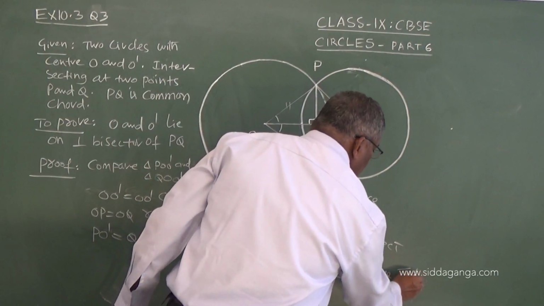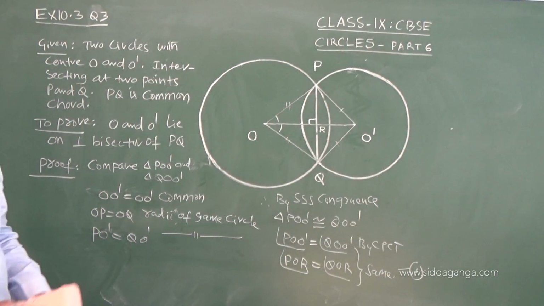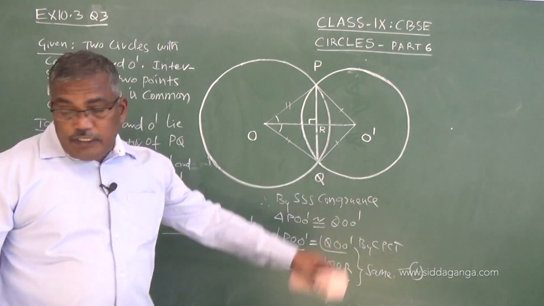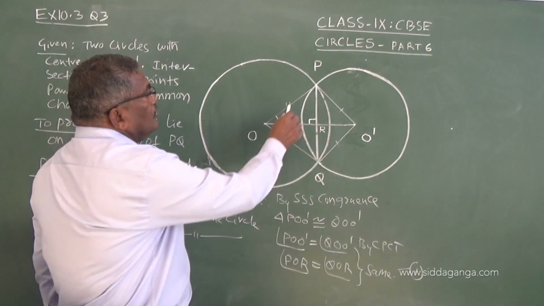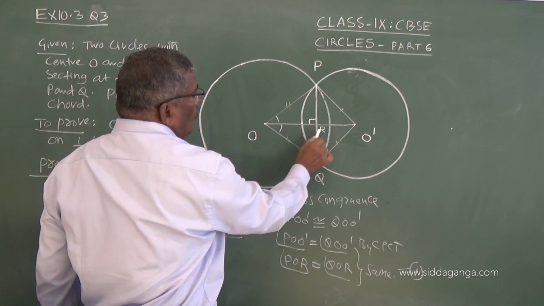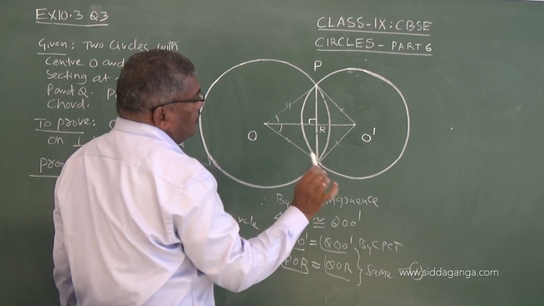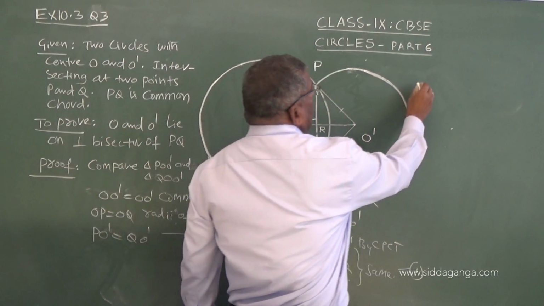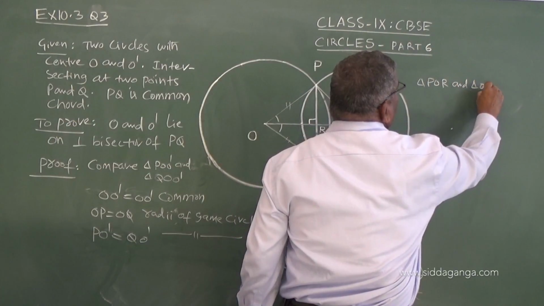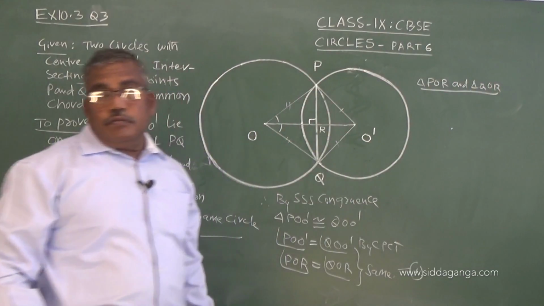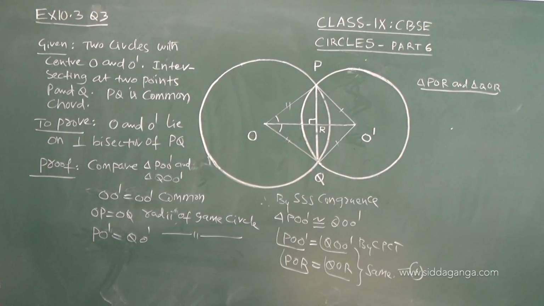Now you call this as 1. Now compare these two triangles, POR and QOR.